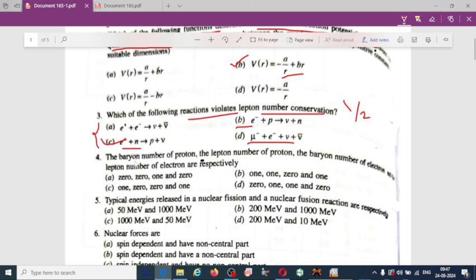Fourth question: the baryon number of proton, the lepton number of proton, the baryon number of electron and the lepton number of electron are respectively.